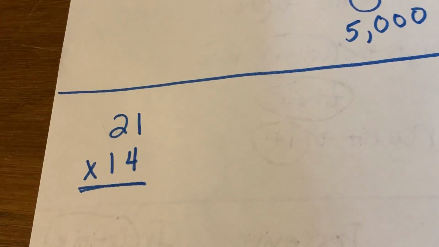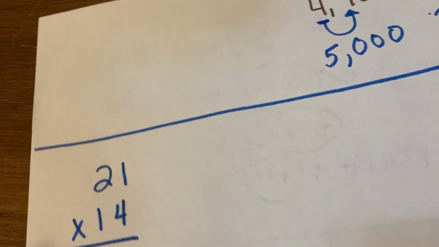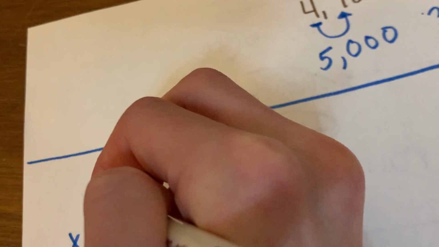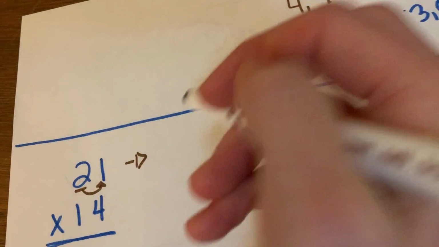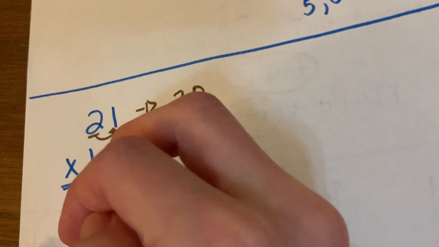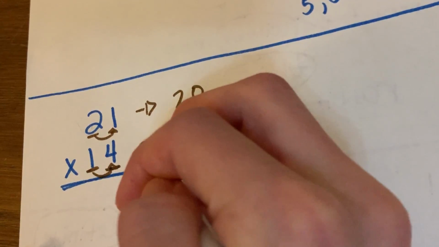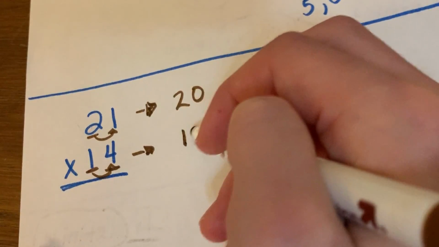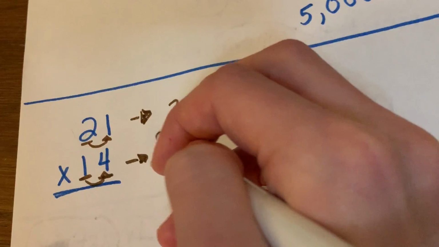So you've done this before. The only difference now is we have 2 numbers to round. So we're going to round the number 21. That 1 tells the 2 to stay the same and everything after turns into a 0. And we're going to round the number 14. That 4 tells the 1 to stay the same and everything after turns into a 0.